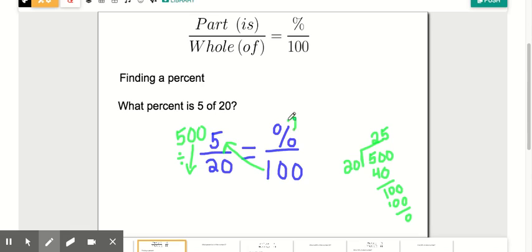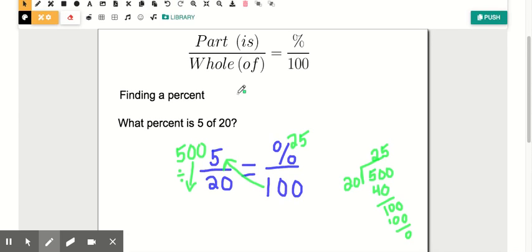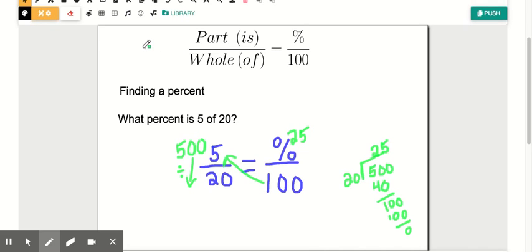So here the answer is 25. Now I think it's important that we rewrite this out too.